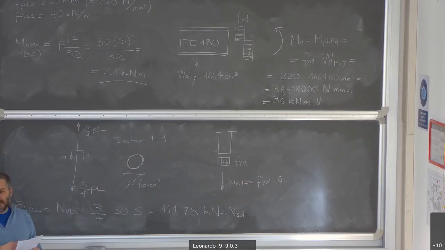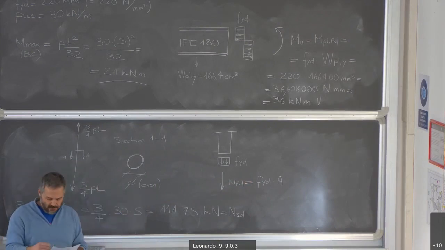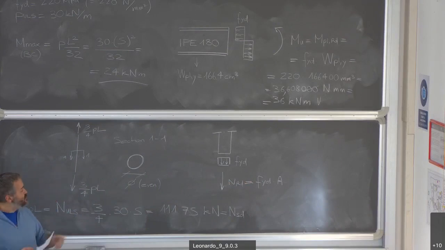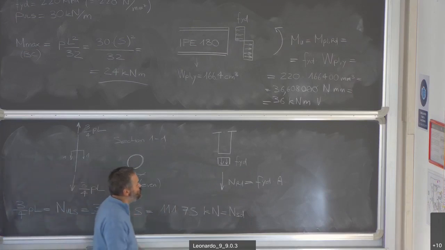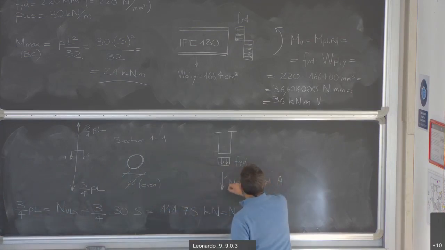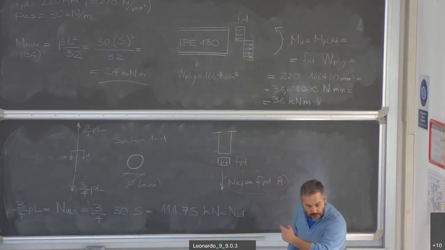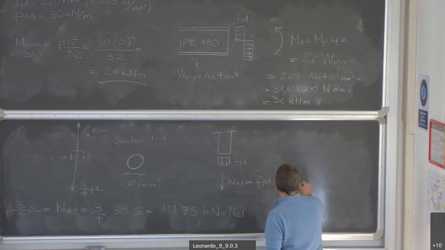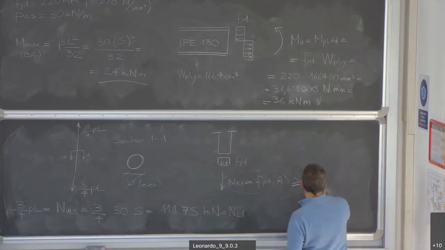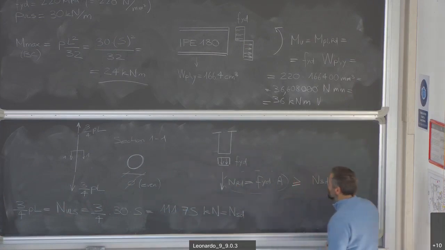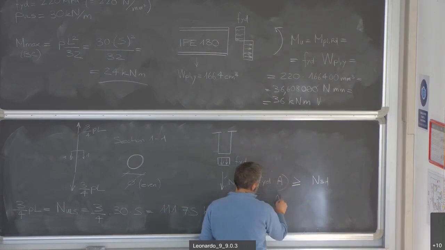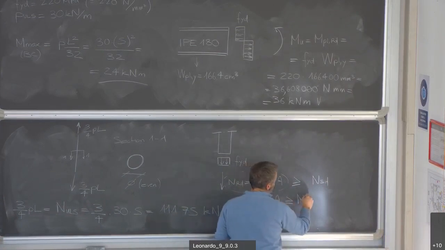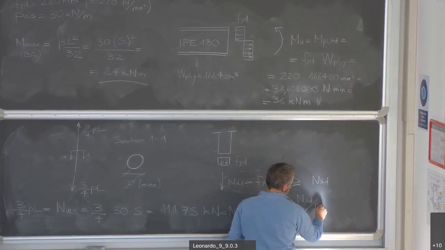Design the section of the tie BD, so I have to design the area, assuming a circular section with an even diameter. So in the end, my unknown is the diameter. How do I do the calculation? Again, I have to make sure that this is larger or equal than this. So what will the minimum area be? The minimum area is NSD divided by FYD.